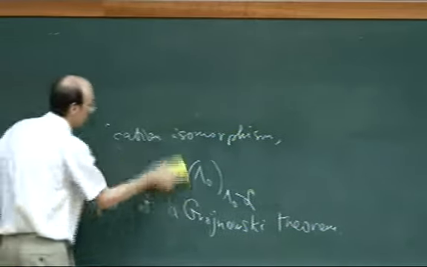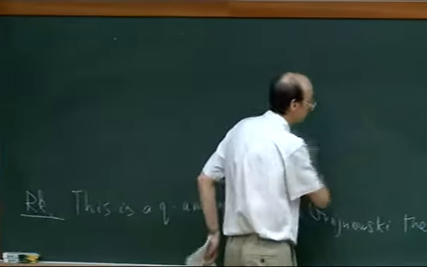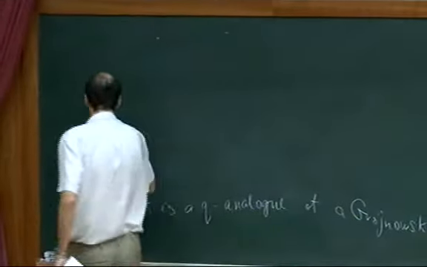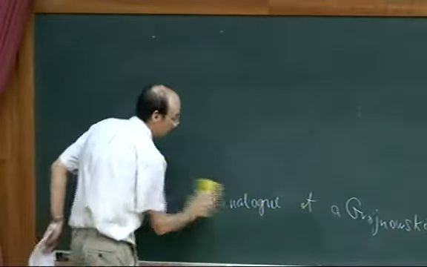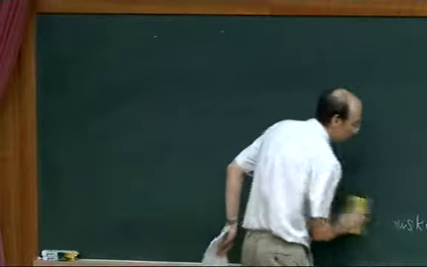And of course, it should correspond to something natural on the representation theory side. And what could it be? It could be only some sort of duality, but it should be a graded duality. Usual duality is not a homogeneous one. But there is a graded duality, which is very easy to define.